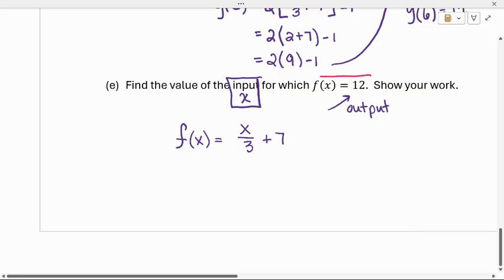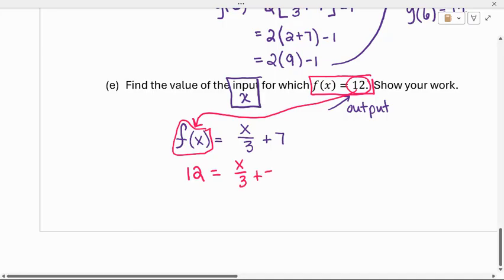Well, if f of x equals 12, I can just replace the whole f of x with a 12 and solve the equation. So 12 equals x divided by 3 plus 7.